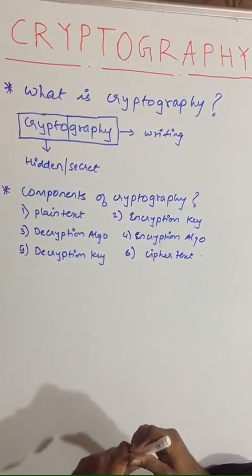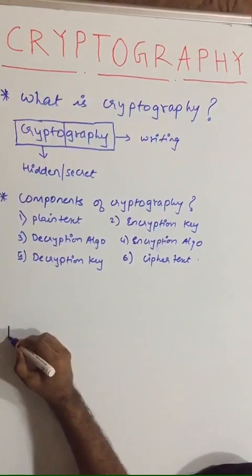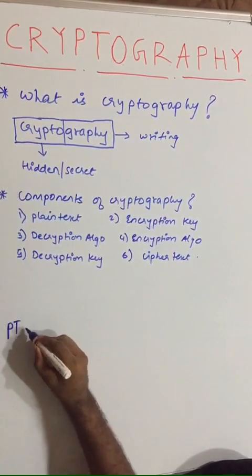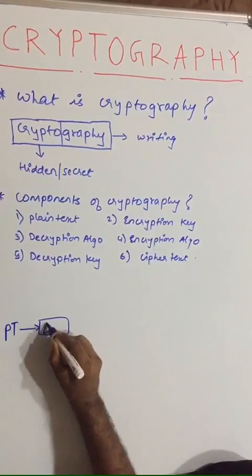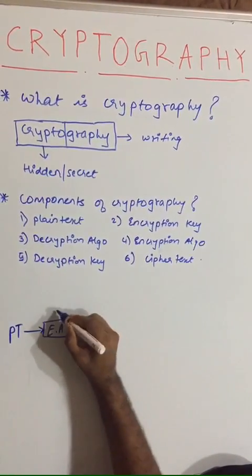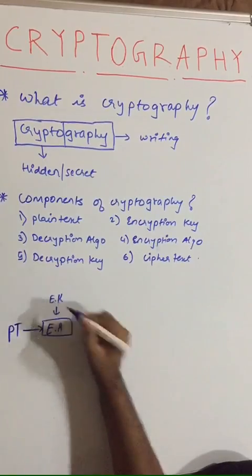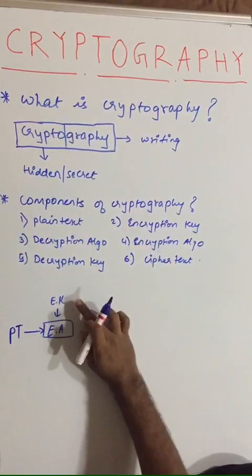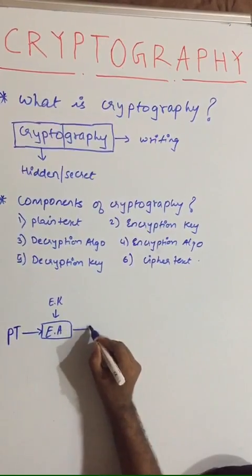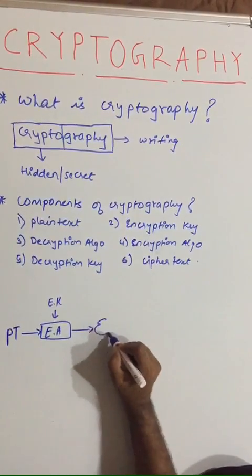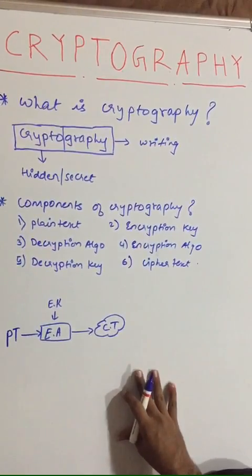So if I give you a short example of cryptography, it goes like this. You have a plain text, all right, and you have an encryption algorithm and encryption key. Now if you apply the encryption algorithm and encryption key on the plain text, you would get a ciphertext. All right.